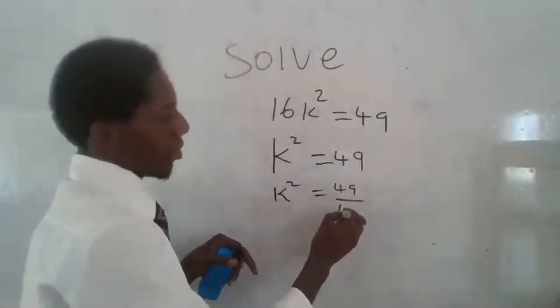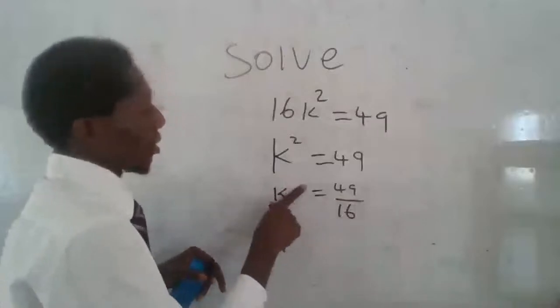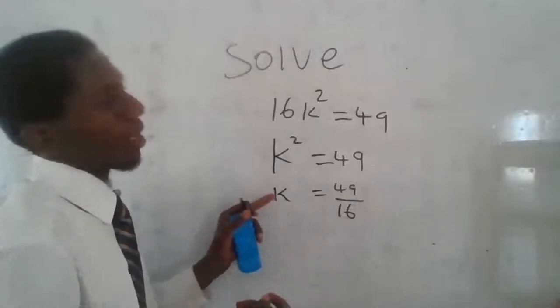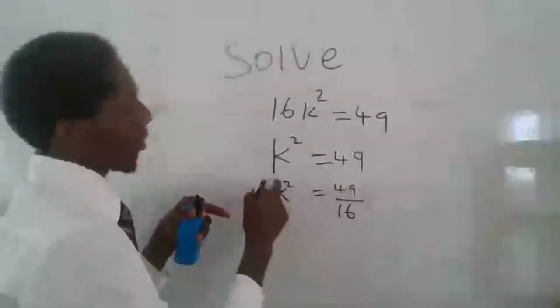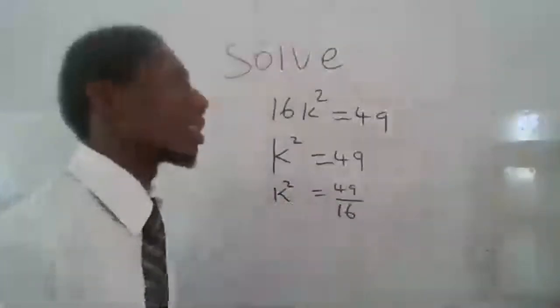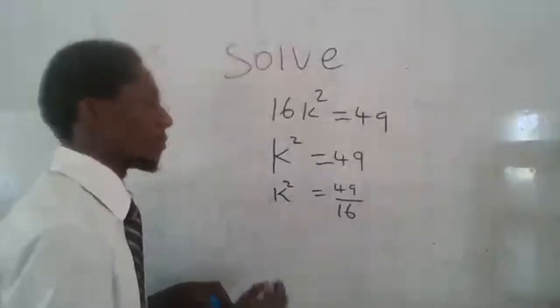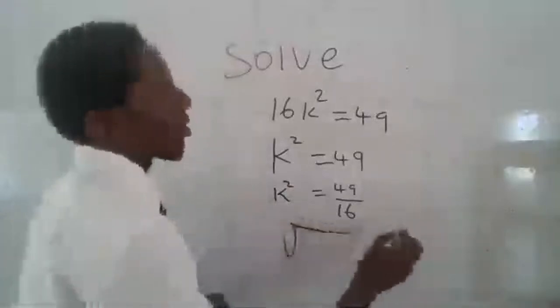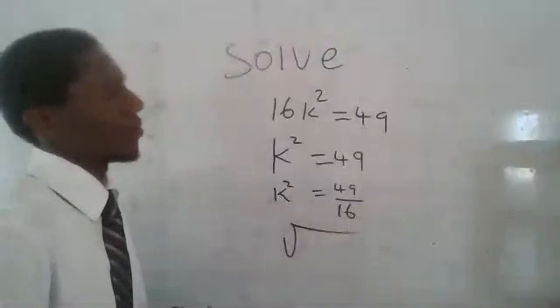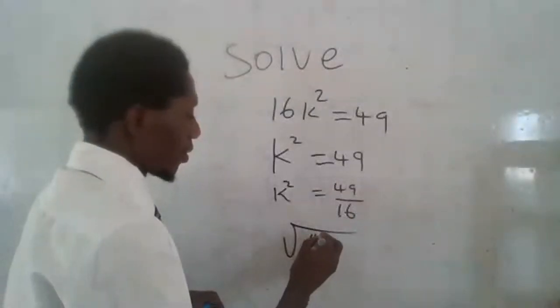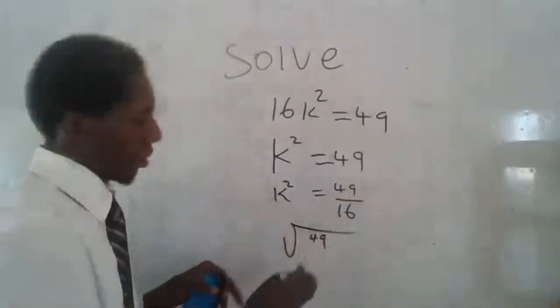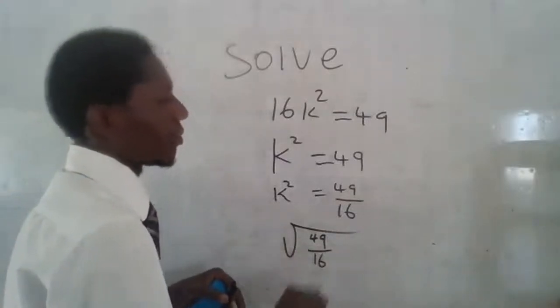Okay, so this is 16. Here is k squared. Now you will take the square root. This is 49 divided by 16.